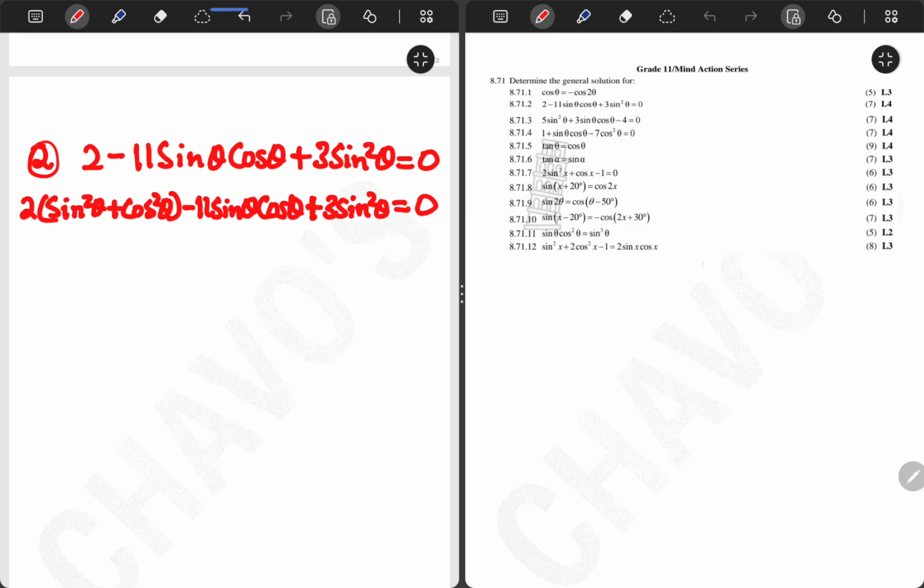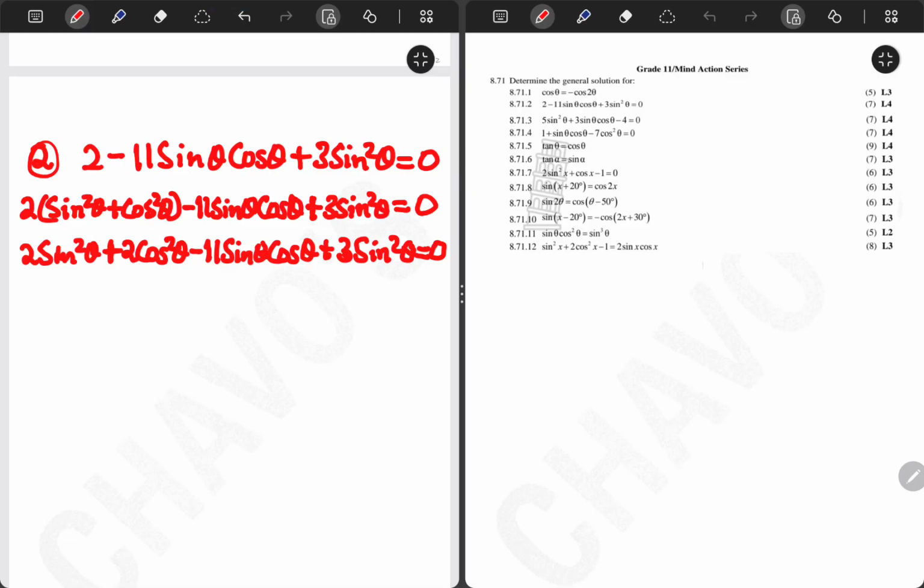Now, from there, we can have 2 sine square theta plus 2 cos square theta minus 11 sine theta cos theta plus 3 sine square theta equals to 0.